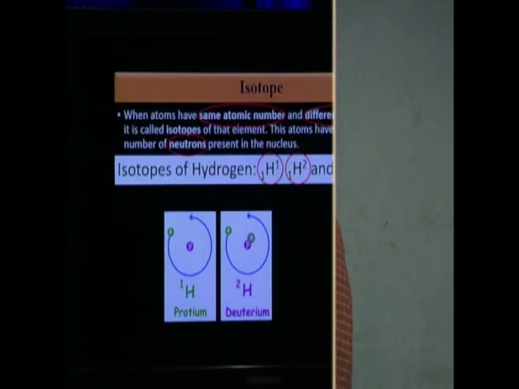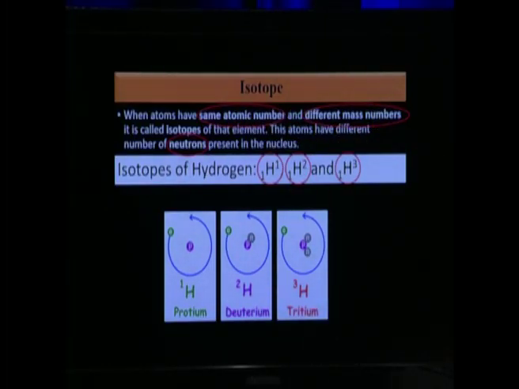The third one, hydrogen 3, has 2 neutrons and 1 proton. So, protons represent the atomic number and neutrons are responsible for the difference in mass number.